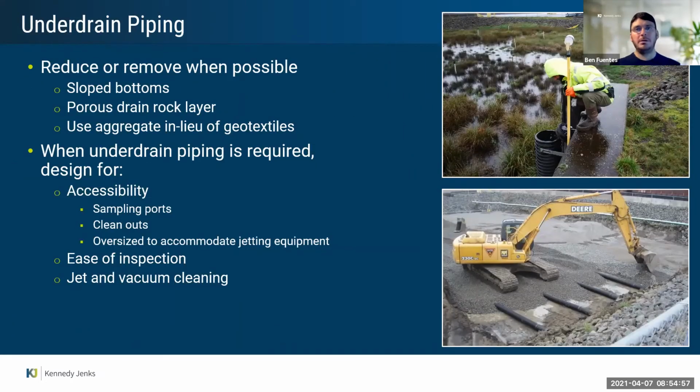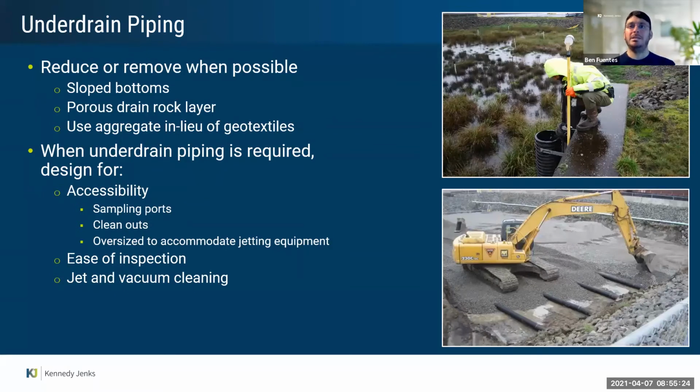So, yeah, in most cases you'll likely find some need for an underdrain system. We at Kennedy Jenks have been trying to avoid them when we can, or minimize the amount of underdrain piping if possible. It's another expense, more piping, another component to maintain over time.